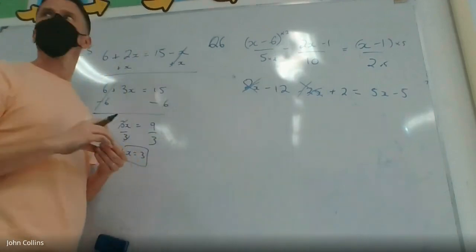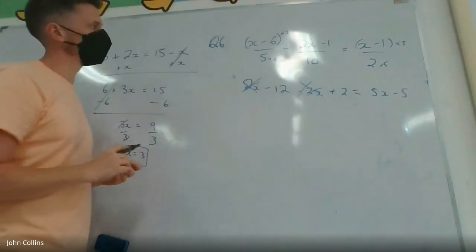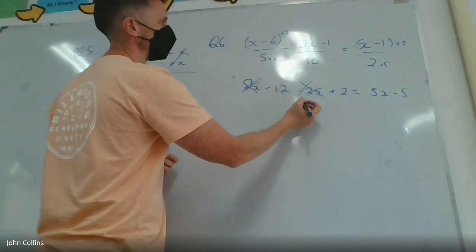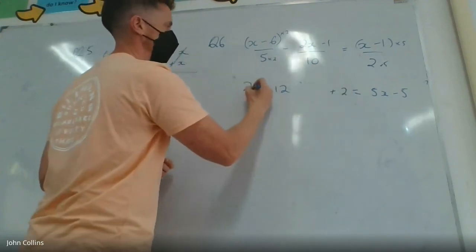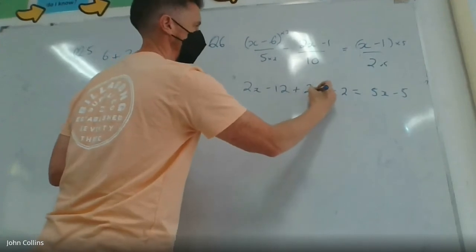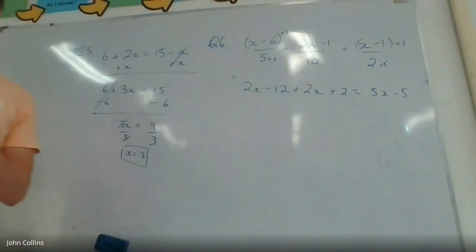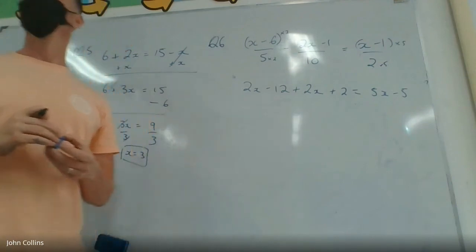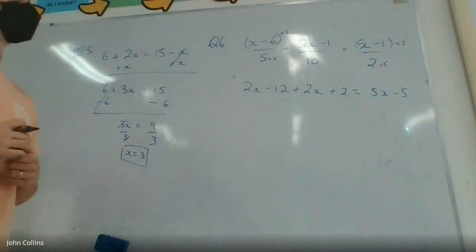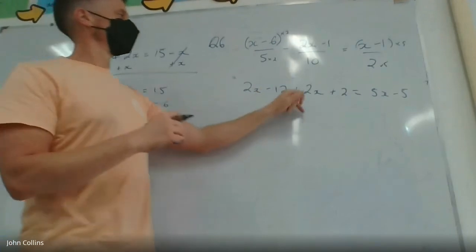Wait, so why is there +2? It's plus. Oh, sorry. 2x plus 2x. Whoa. I know that wasn't what you were finding out, Jacob, but well done for spotting that. Oh, wait, no, I said 2.